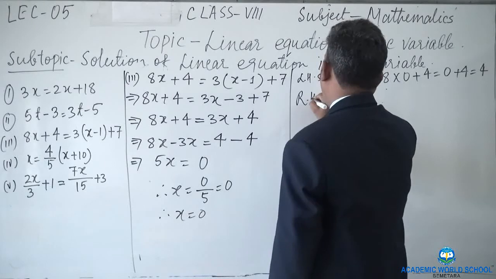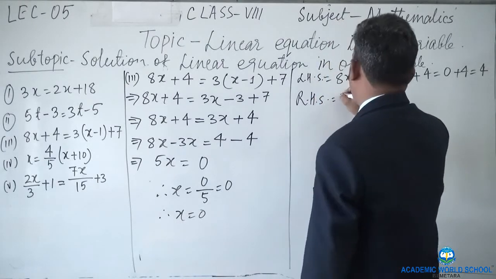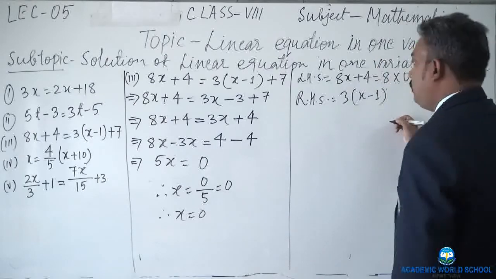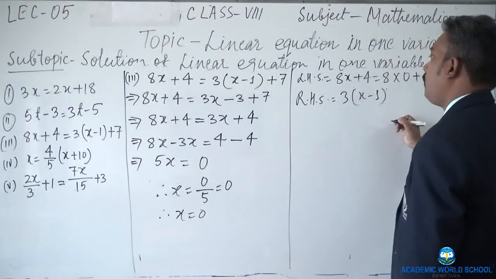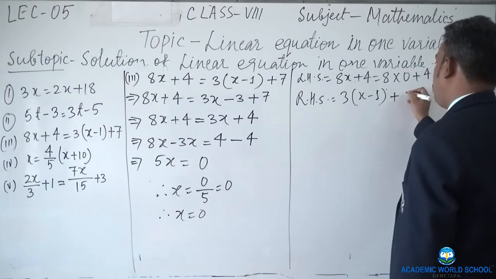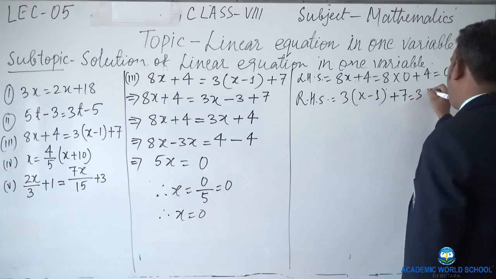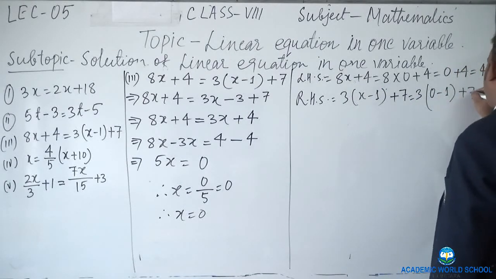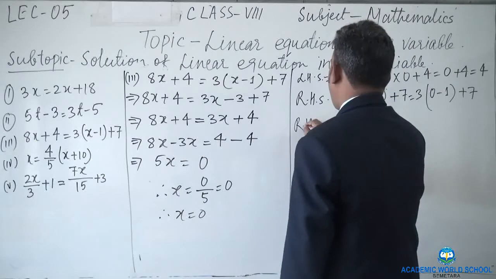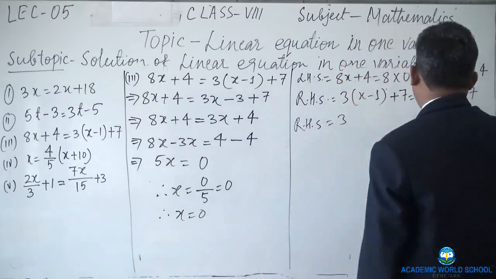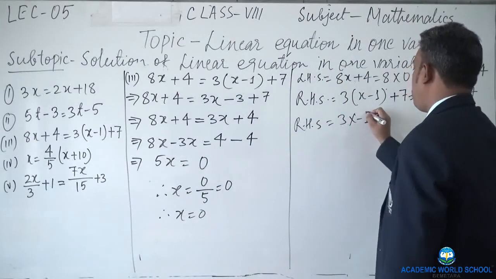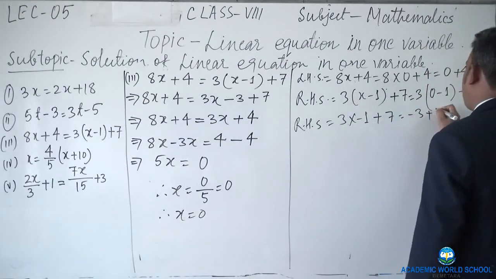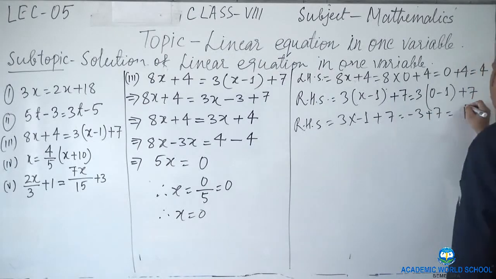Now we take the RHS, which is 3 into x minus 1 plus 7. The value of x is 0, so 0 minus 1 plus 7. See that 0 minus 1 will be minus 1, 3 times minus 1 will be minus 3 plus 7, and minus 3 plus 7 will be plus 4.